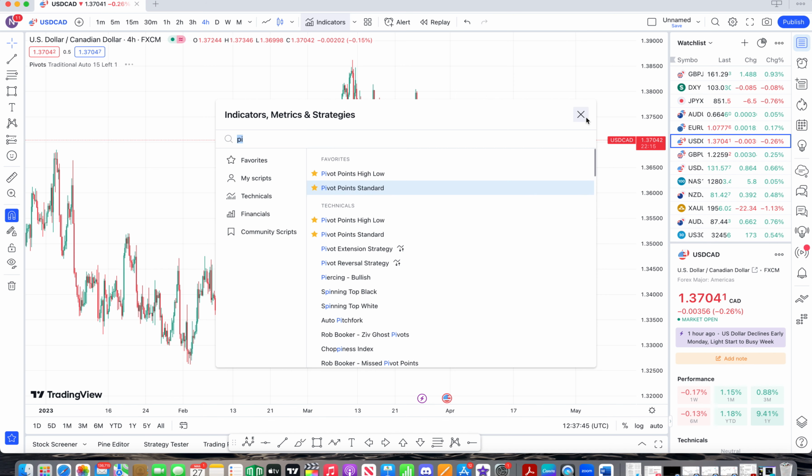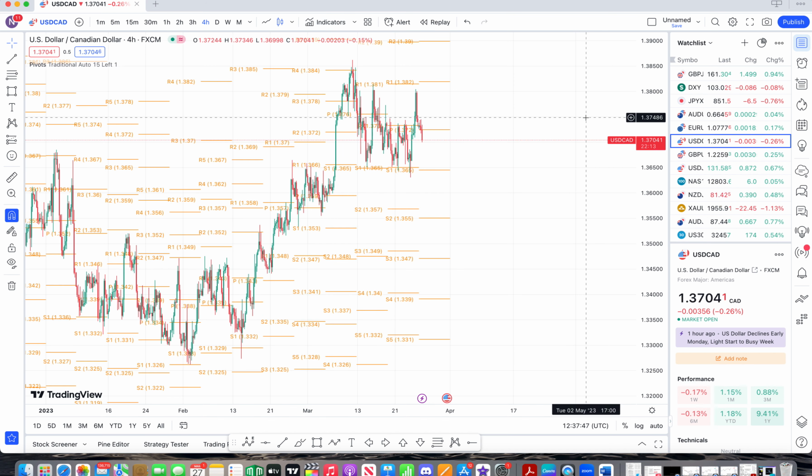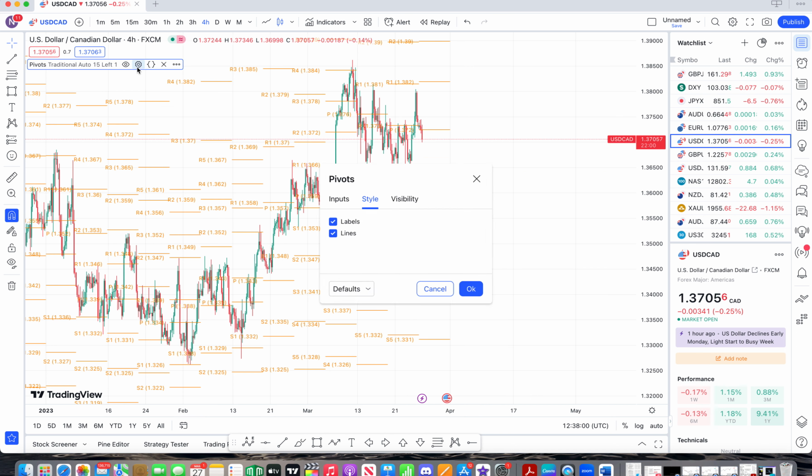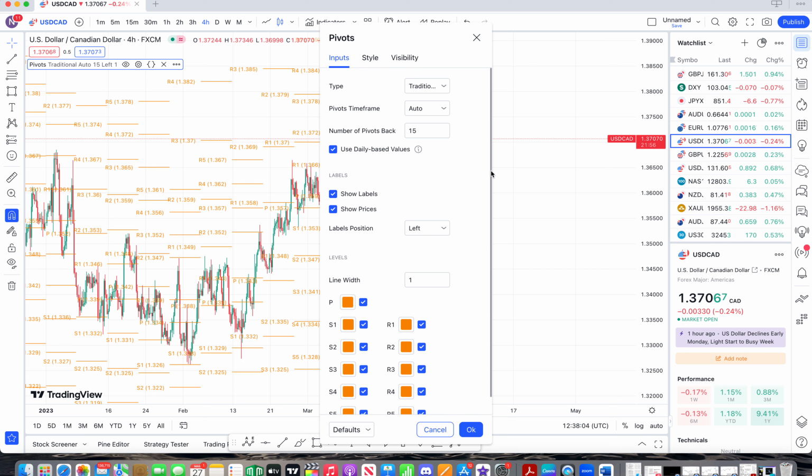Pivot point standard. When you first open the indicator, it's going to have all of these plot points of different pivot points and also support and resistance areas that the market has created. So what we are going to do is go into the settings, look for your inputs.